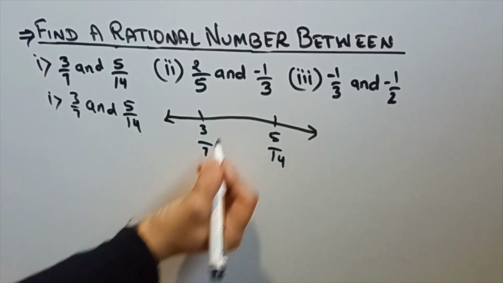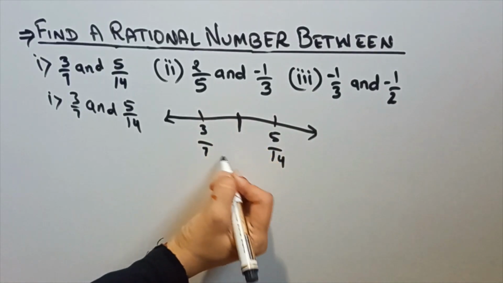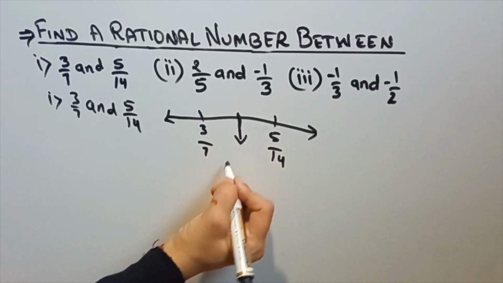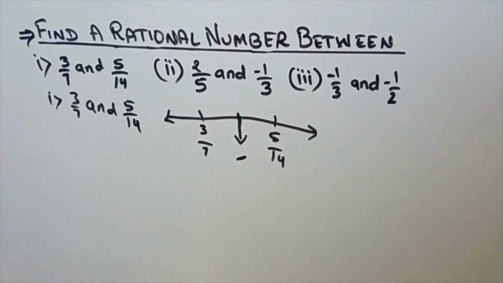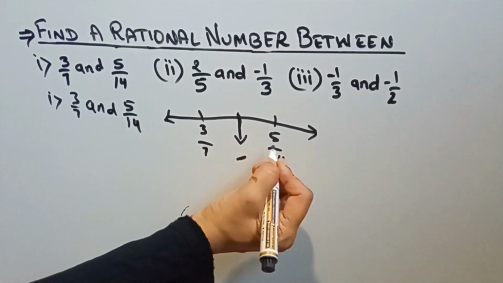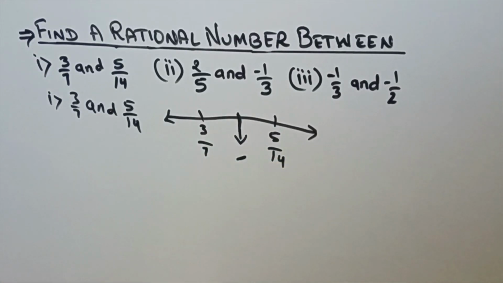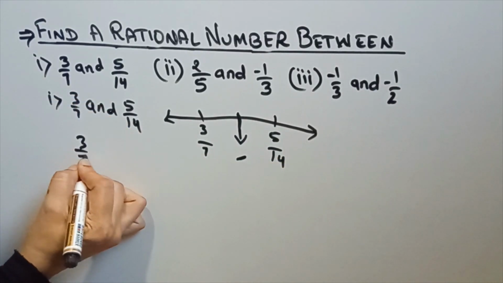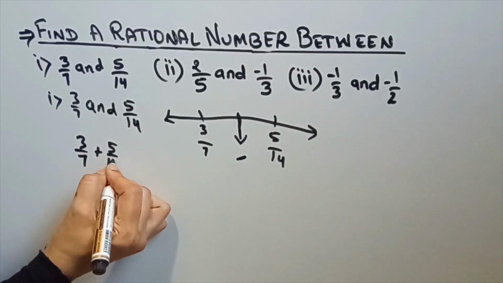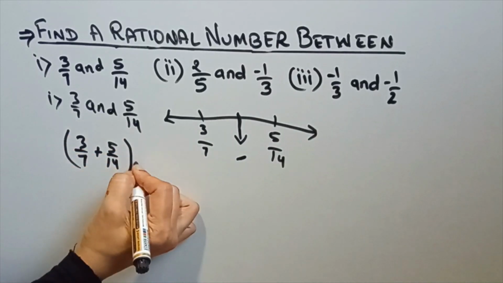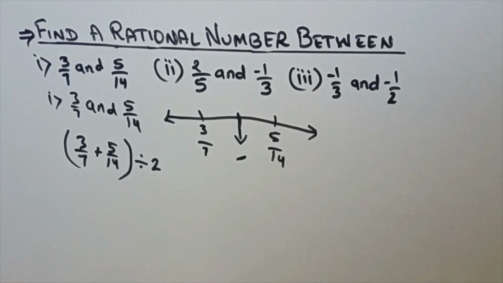So we have to find a number in between these two numbers. We will take the average of these two, or simply add these two and divide by 2. So 3 by 7 plus 5 by 14, add this and then divide by 2.